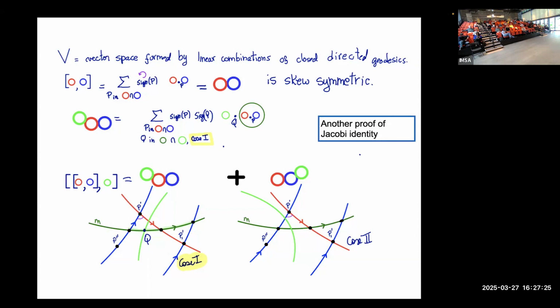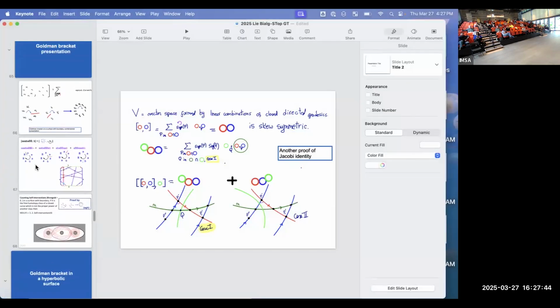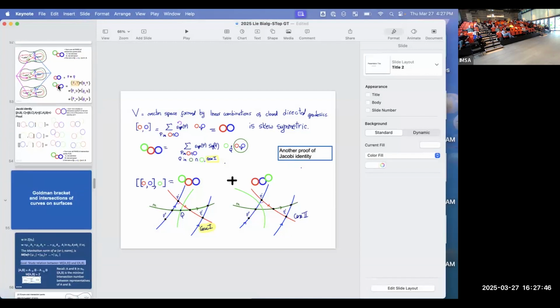I'm trying to organize it. I forgot, how was it? I'm going to look for my good proof. I can end with my good proof of the Jacobi, and then I have to bring that back to my head.